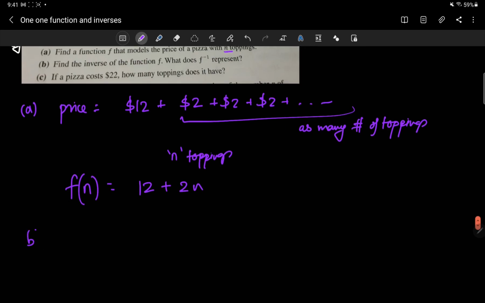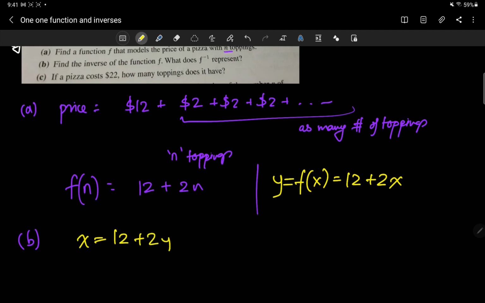Part B says find the inverse of this function. In order to work in a more familiar environment, let me call this f(x) for the purposes of finding the inverse. Then we interchange, so x is 12 plus 2y, x minus 12 is 2y, and (x minus 12) over 2 is y.